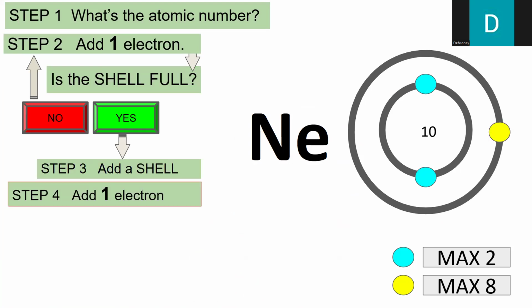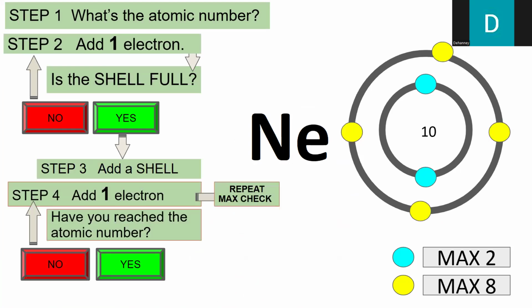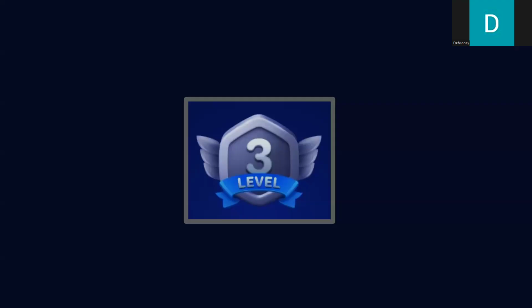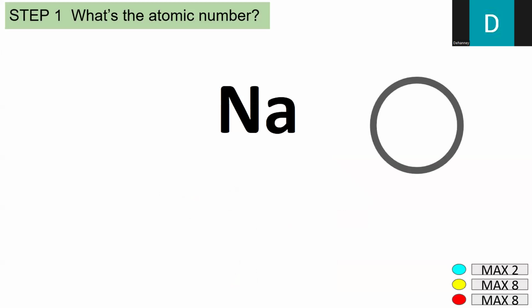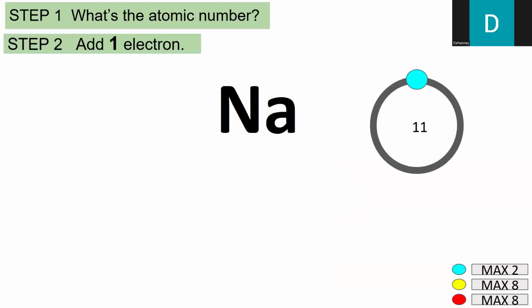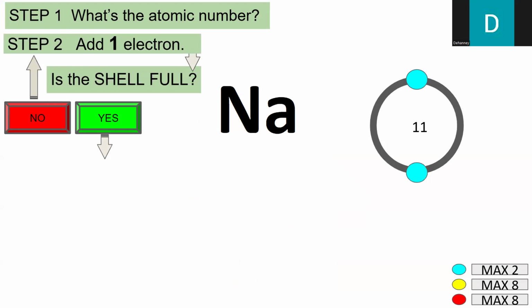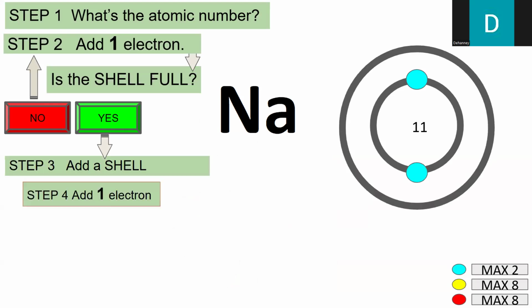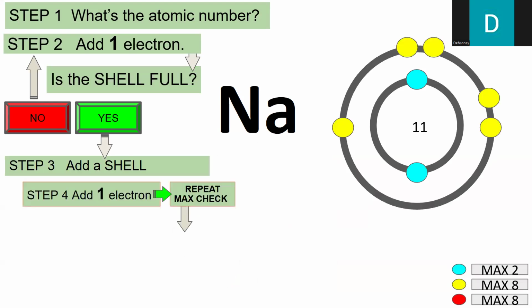This is your stable neon. You'd have your full 8 in the outer shell, and then at level 3, we get to something that has a 3rd shell. So 2 and then 8 maximum. And notice now the instructions say repeat max check.